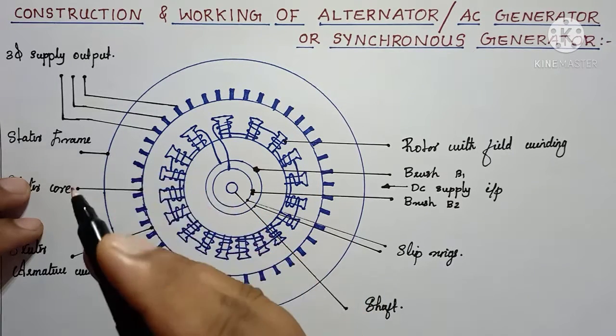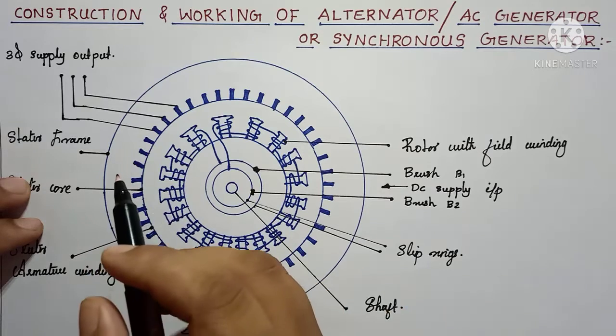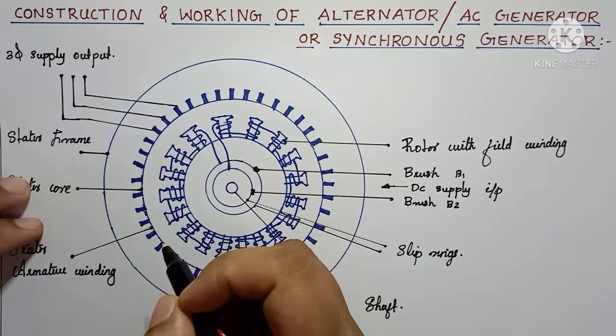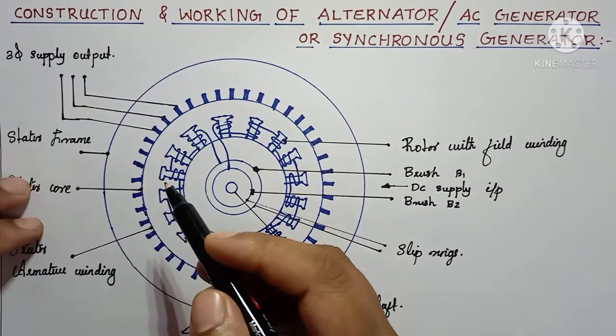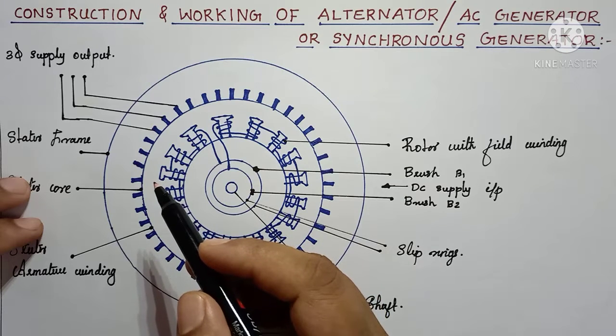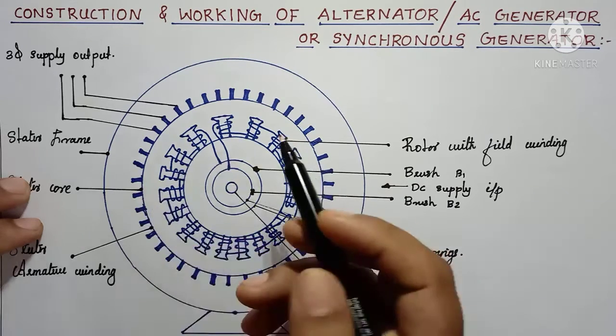For copper savings, we construct the stator of the alternator as star connected. Also, we can provide easy protection since it facilitates a neutral connection.